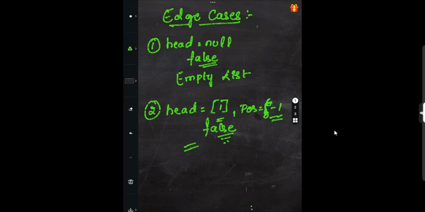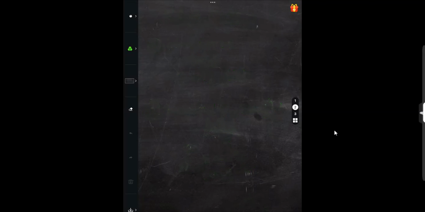So the output will be false. This is for the single node, no cycle case.